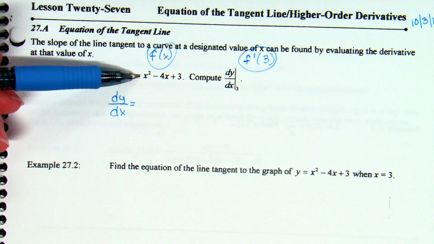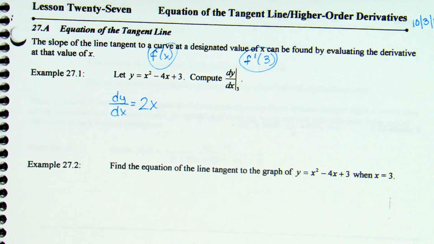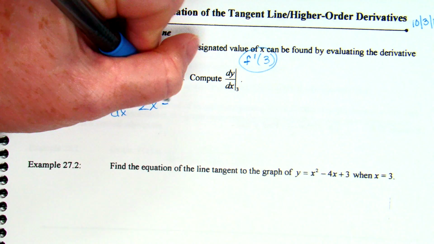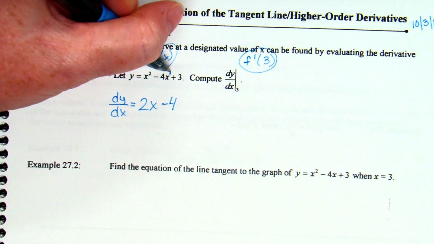What's the derivative of minus 4x? Minus 4, because remember this is an invisible exponent of 1. You bring the 1 out front, it's still minus 4. 1 minus 1 is 0, so the x no longer exists.